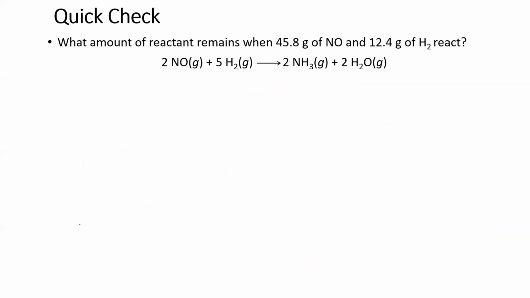Now it's asking, what amount of reactant remains when 45.8 grams of nitrogen monoxide and 12.4 grams of hydrogen react? If they tell you this, just pick a product to do your double stoich and work towards that product to figure out which one's the limiting reactant. Once you figure out the limiting reactant and the theoretical yield, you can work back.